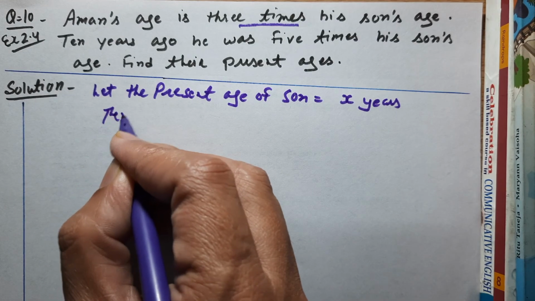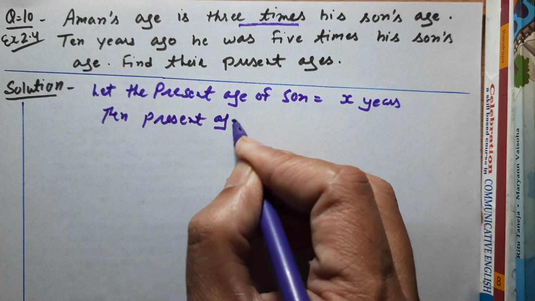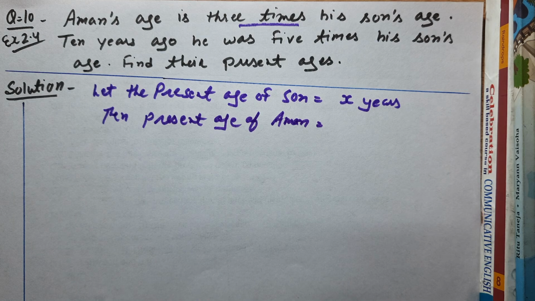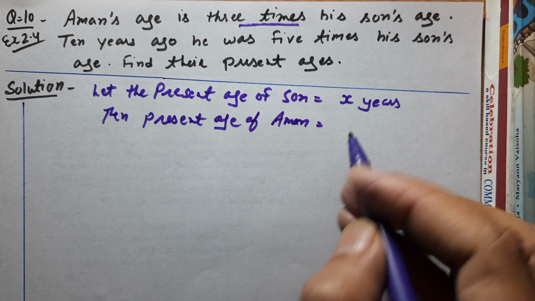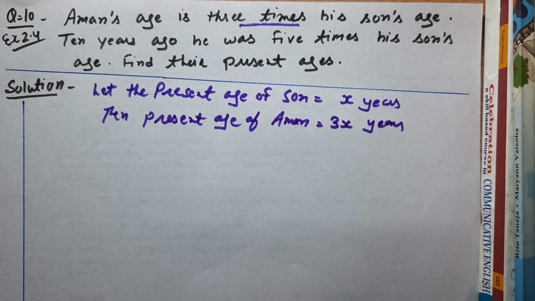Then the present age of Aman, because it's Aman's son. So Aman's age is 3 times his son's age. So what will be Aman's age? 3x years, 3 times.